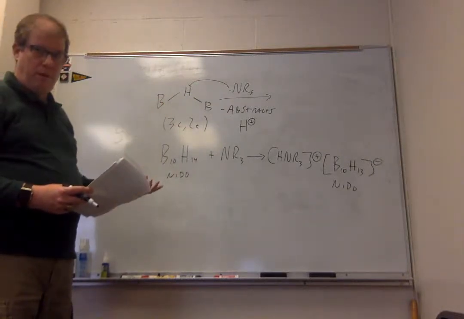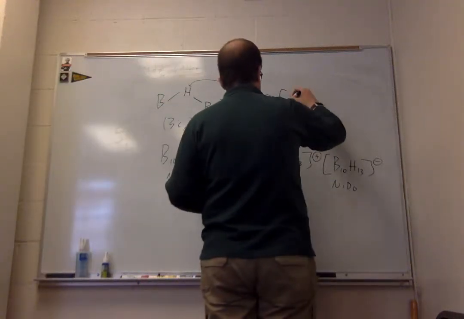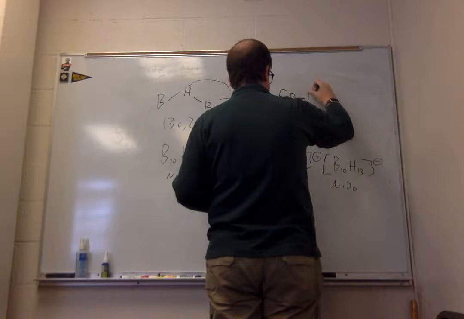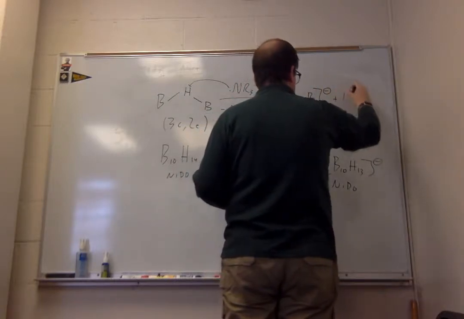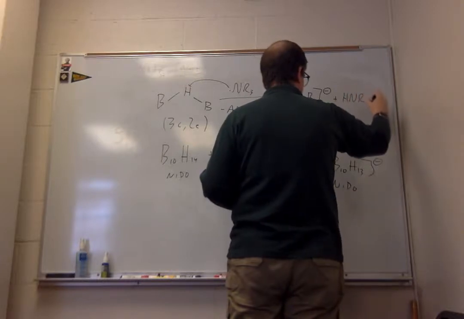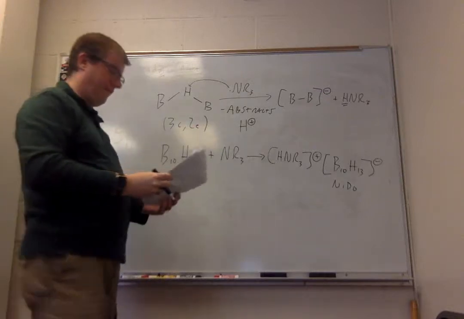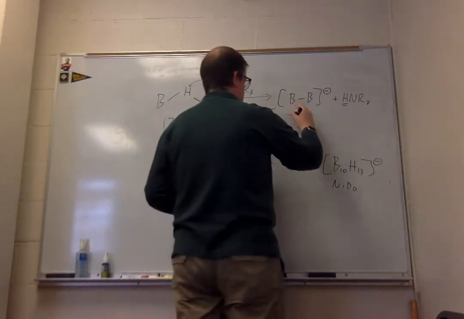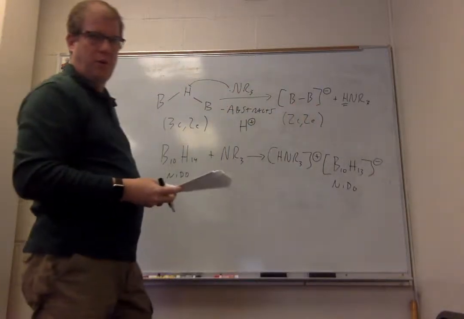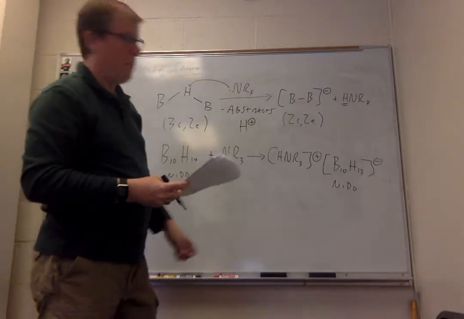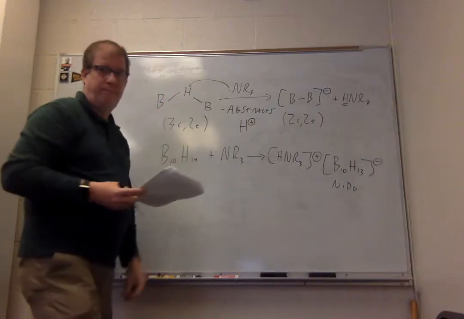You abstract the proton, but the 2 electrons that were there are still there, and so you form a boron-boron bond that is 2-center 2-electron. And then the underlying proton right there is the one that was right here.